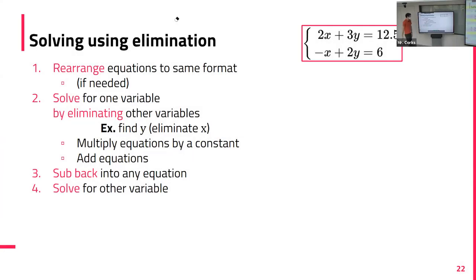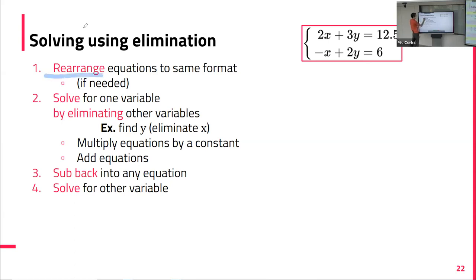All right, so we'll do elimination with this here. Same two equations, so we should get the same result. Let's just make sure that happens. So step one for elimination is we might need to rearrange. What we want is our two x's to line up, our two y's to line up, or whatever the variables are, and then the constants to line up.